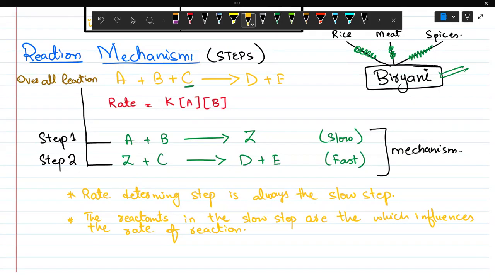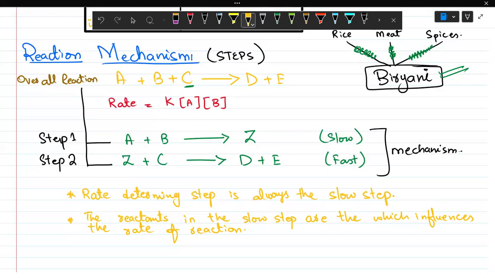If I'm saying the word slow, it means what? If I have the two considerations, slow and fast, if the thing is taking a lot of time, it means that it is happening at a slow pace, and it is producing the product which has the influence.